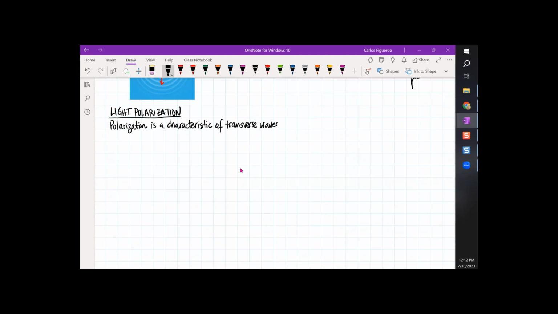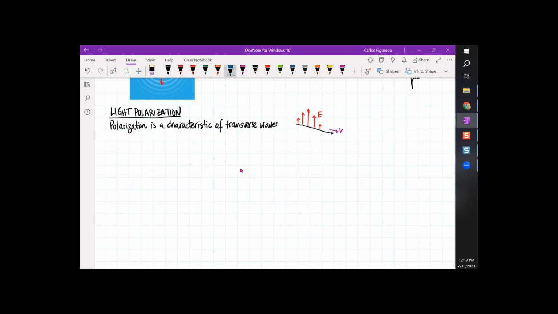Why is that? So let's imagine that we have, this is the direction of motion. So this is telling me that this is the direction of the velocity. So when I look at my waves, I see that we have two perpendicular components. We have the electric field. And so what this is telling me is that the electric field is perpendicular to the direction of motion.